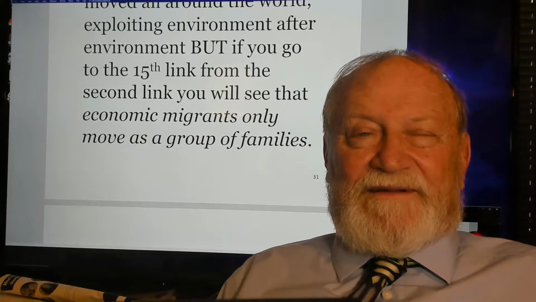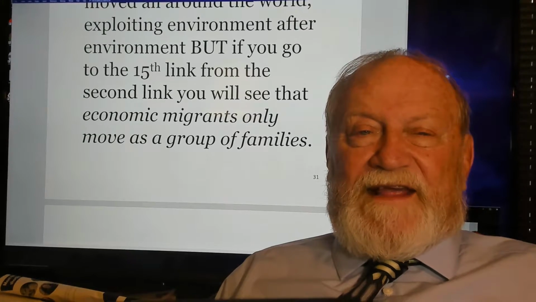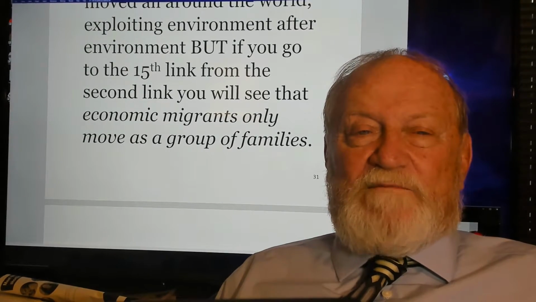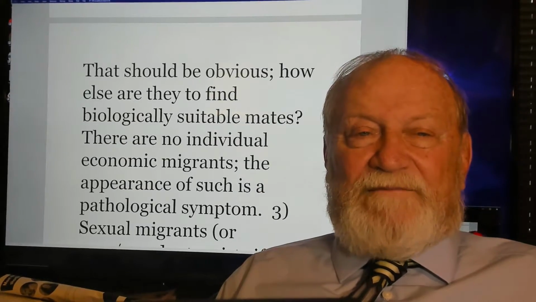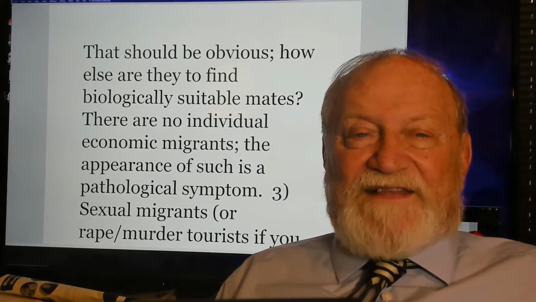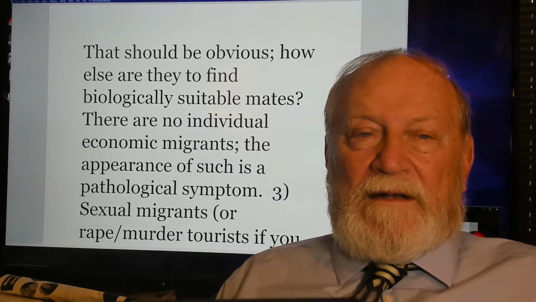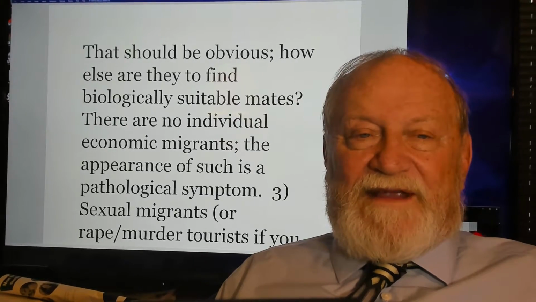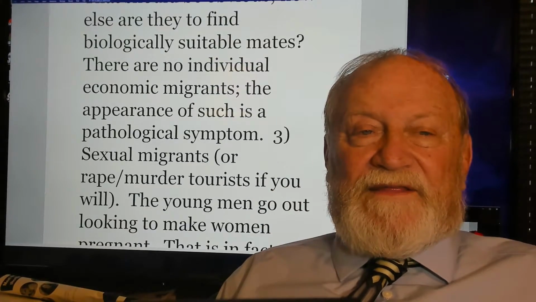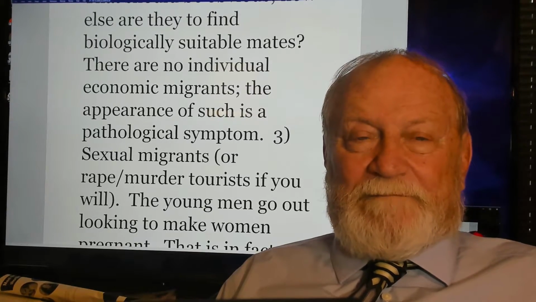You'll look around, Longhouse Valley is the name. You see that economic migrants only move as groups of families. Well, that should be obvious. How else are they going to find biologically suitable mates if it's not a bunch of interrelated families? There's no such thing as an individual economic migrant. Again, the appearance of such a thing is a pathological symptom.